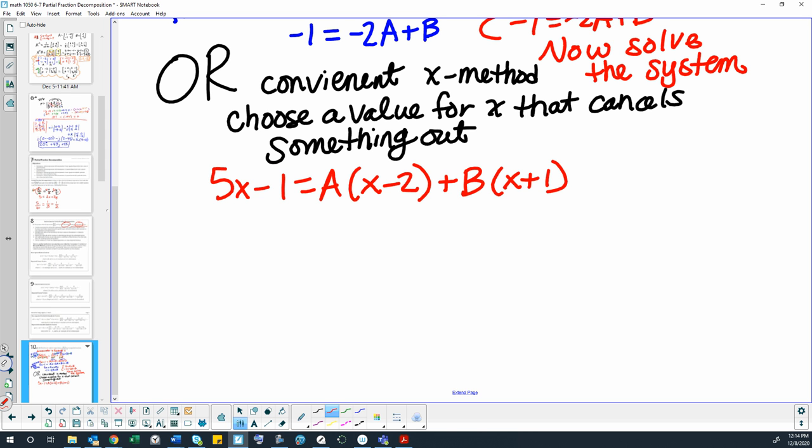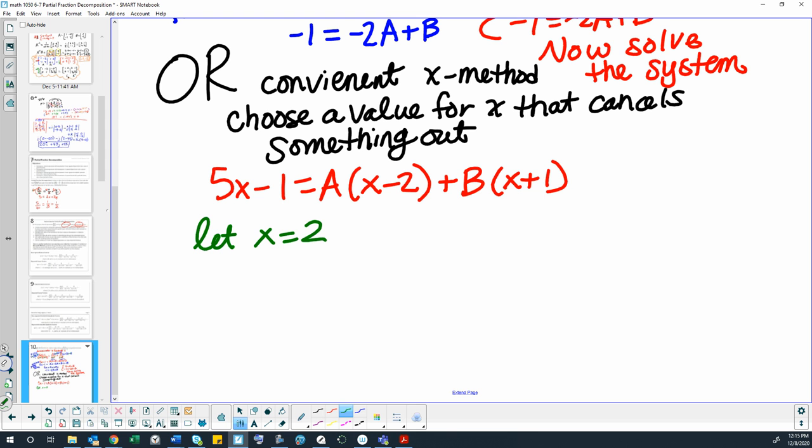All right, so set aside what we just learned, because you know how to take it from there and solve it, right? Clean slate. We just multiplied by the least common denominator. We just got rid of the fractions. Here we are. We haven't distributed yet because we're not going to. Okay, so here's our convenient x method. What happens to this problem if I let x equal 2?